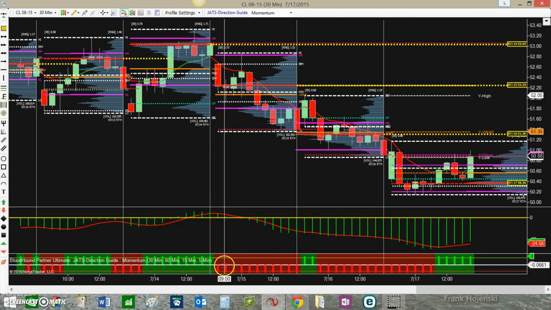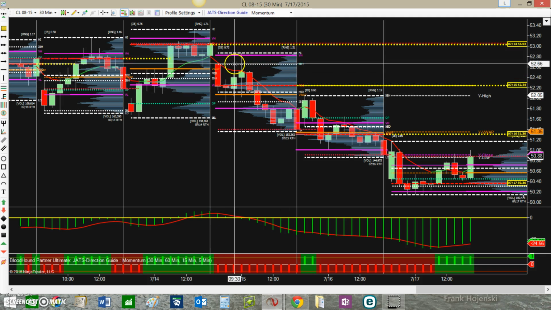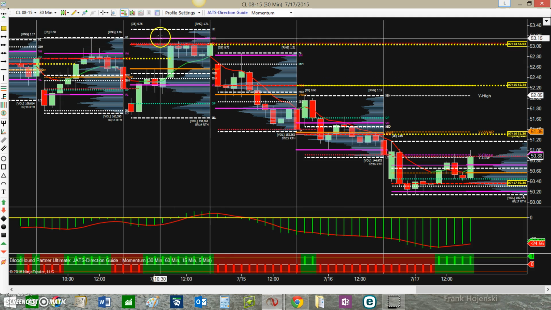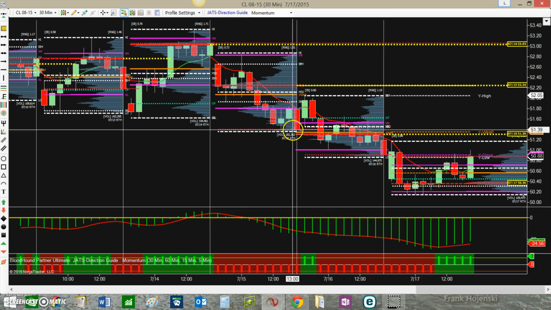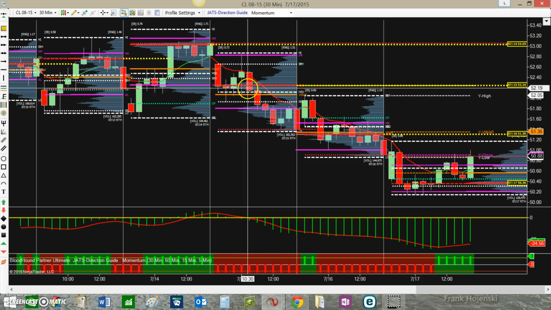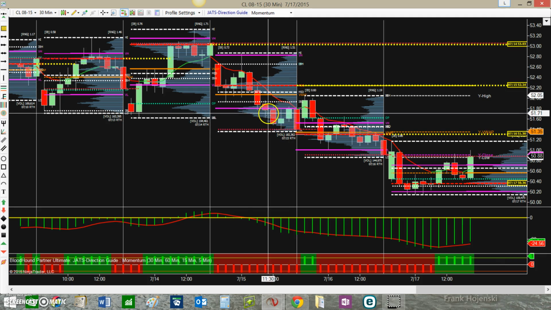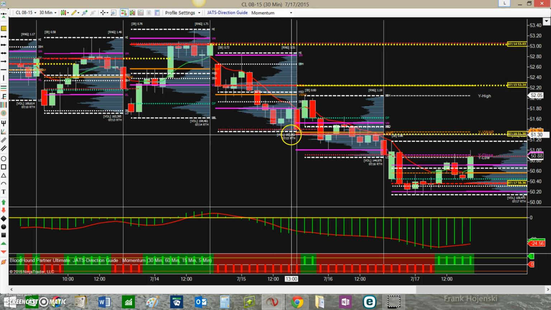So you want to pay attention to where you are in relation to the 70% range, where the range was in comparison to the previous range, and what direction you're trading, whether inside that range or pushing outside of it and away from that value area.